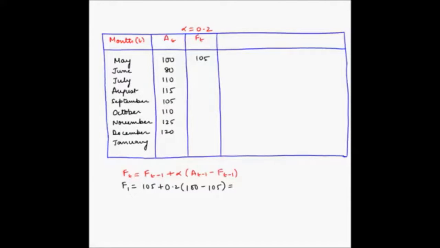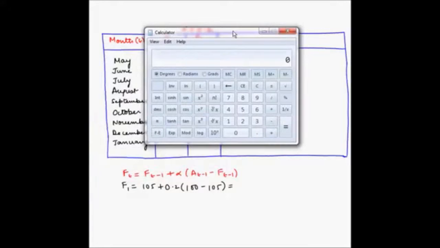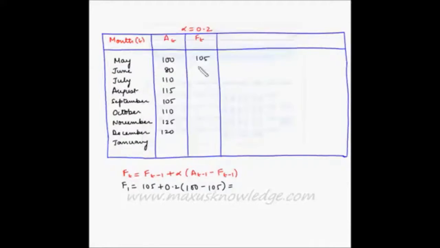So let me pull my calculator here. We'll first calculate the bracket, which is 100 minus 105. Then we'll multiply this with 0.2 and then add 105. So the forecast is 104.